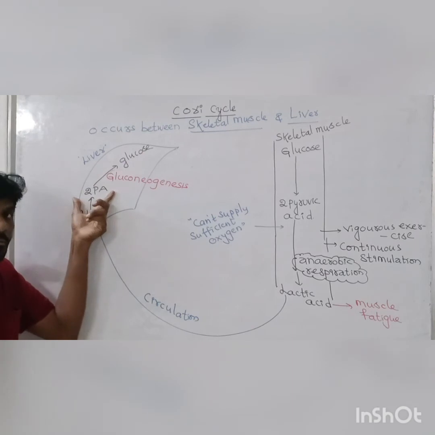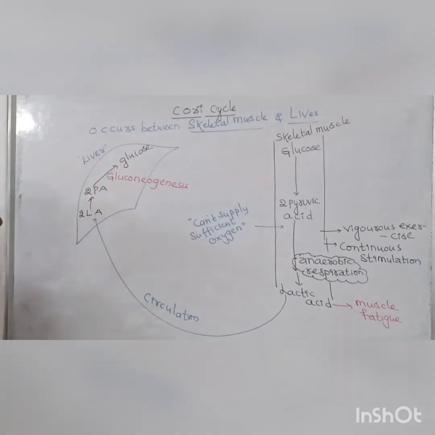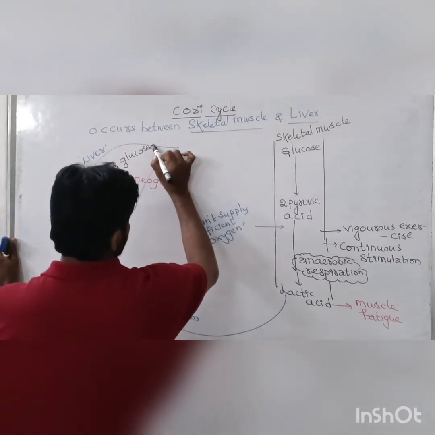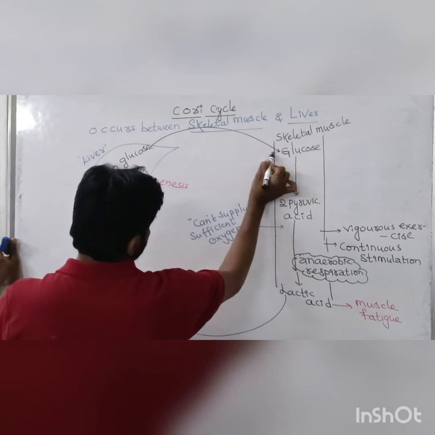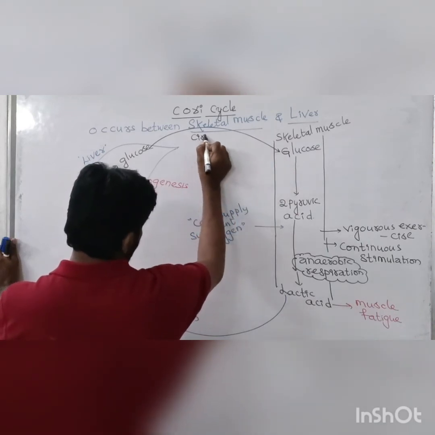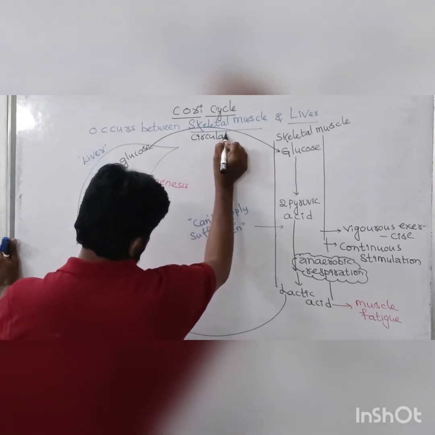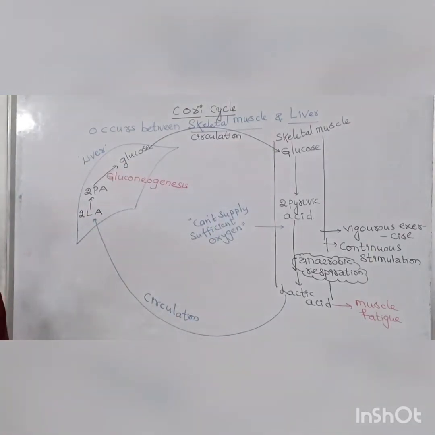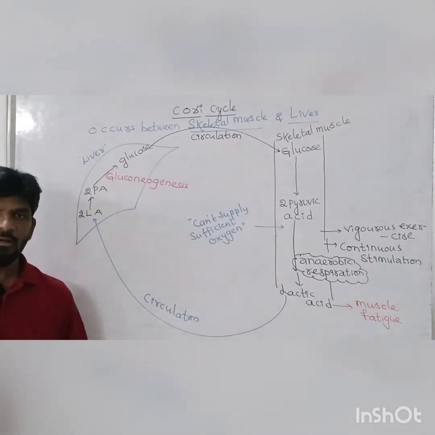So, glucose synthesis other than from a carbohydrate is gluconeogenesis, and that glucose via circulation again enters the skeletal muscle for its working. Glucose is very needful for muscle contraction.